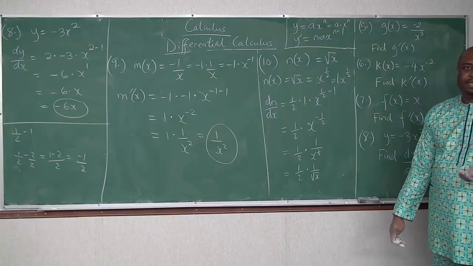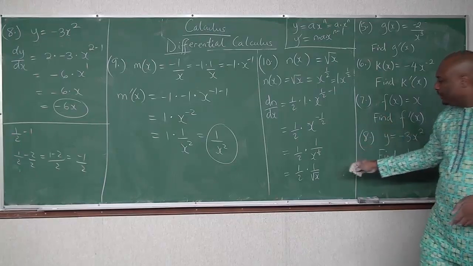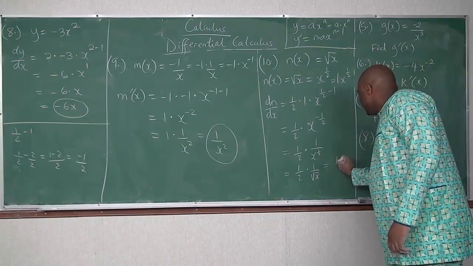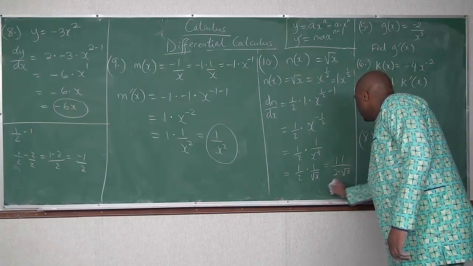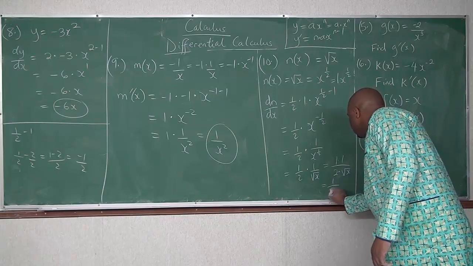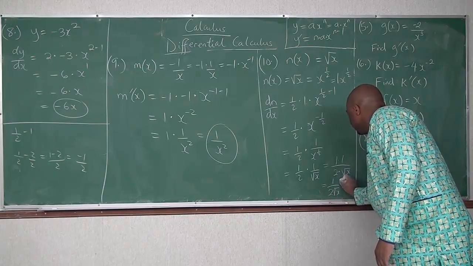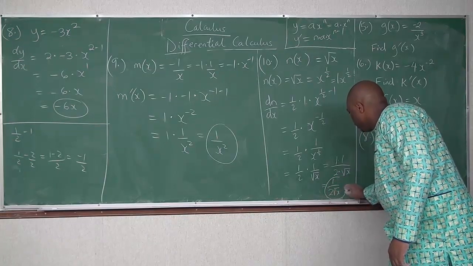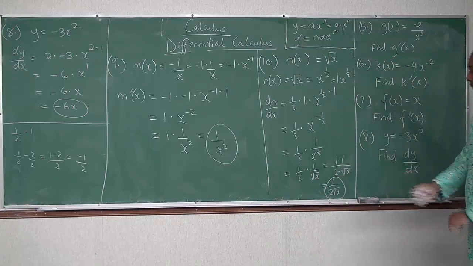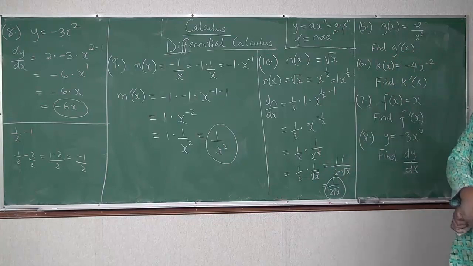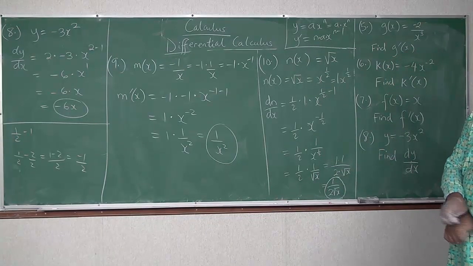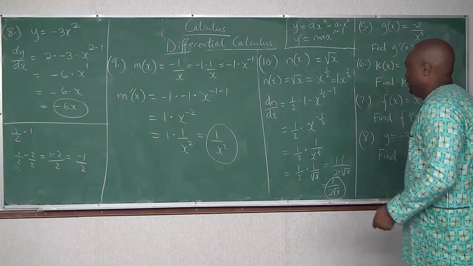View the videos on exponents, it is very important. So this will give us 1 times 1 over 2 times square root of x. So this is 1 over 2 radical x, 1 over 2 square root of x. This is multiplying fractions. Okay? Question 11.